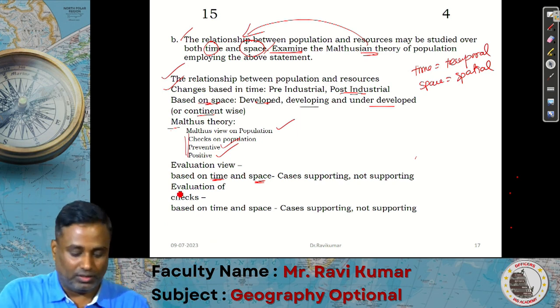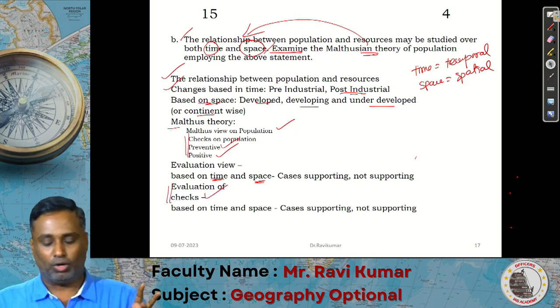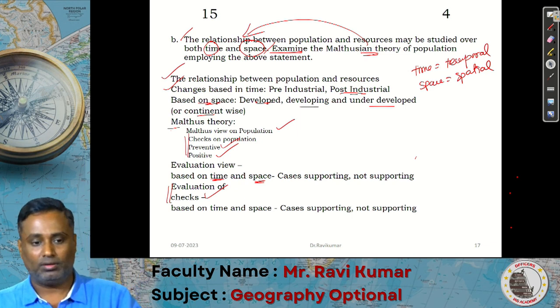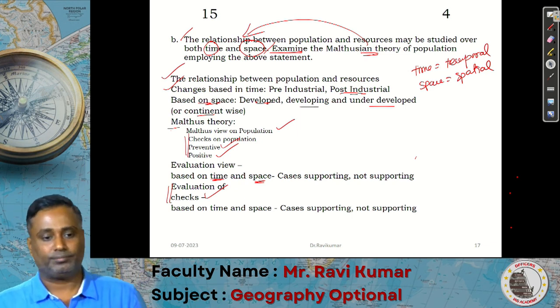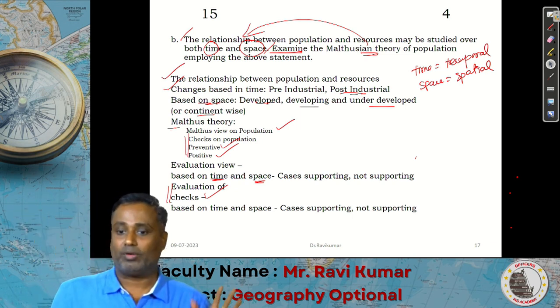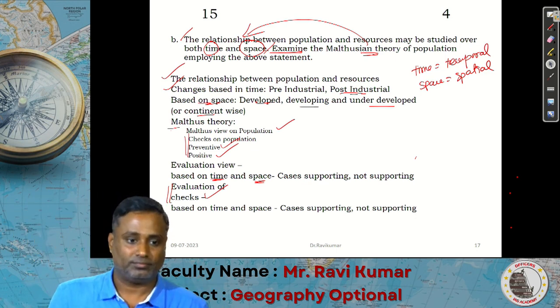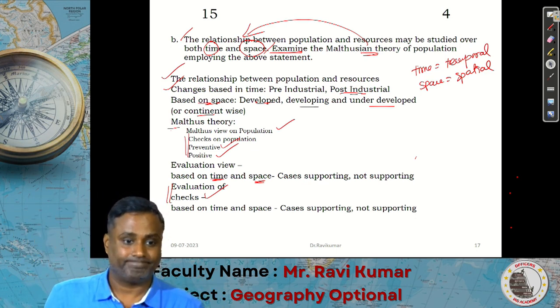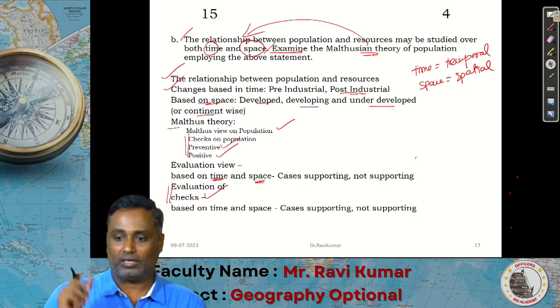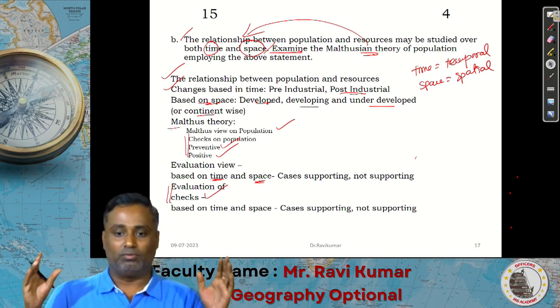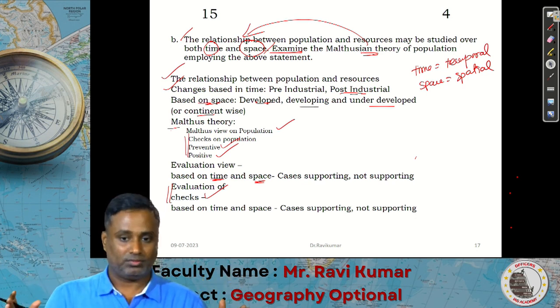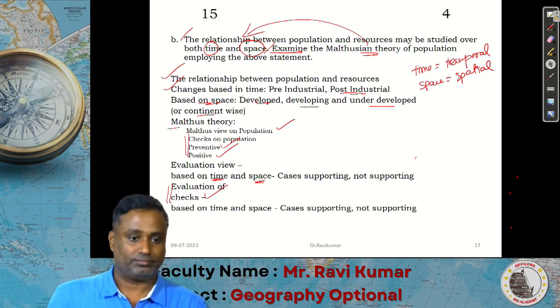And we have to check the evaluation of the checks, positive and preventive, in developed, developing, underdeveloped, pre-industrial and post-industrial eras. There are the first five subtitles. Got what I am saying? Unless we know the clarity of the international world demographic structures, we cannot write this answer.